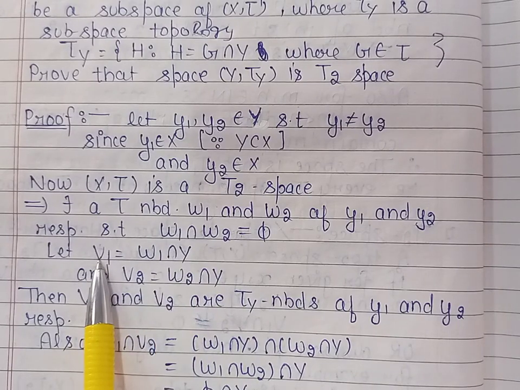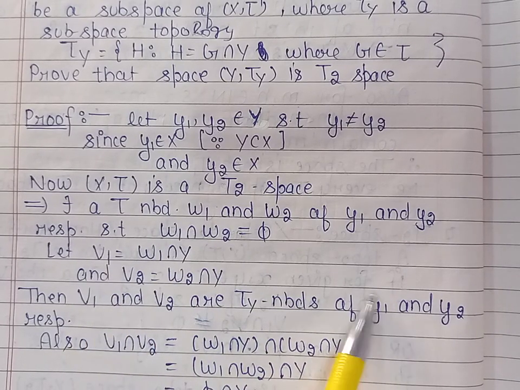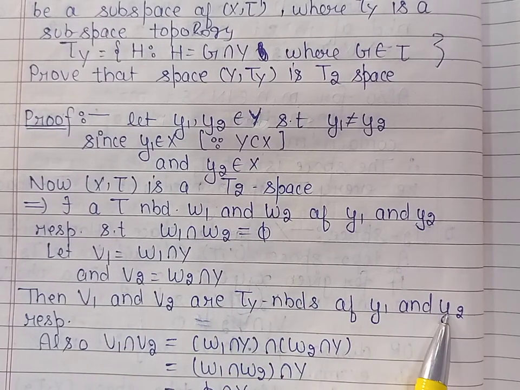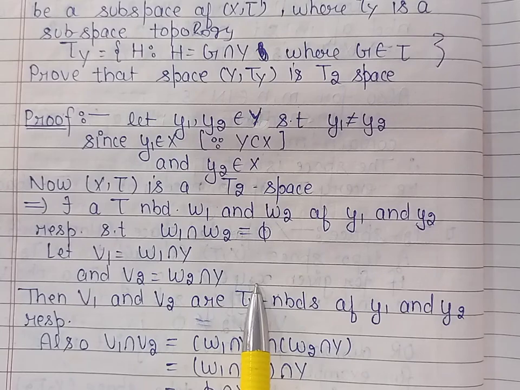So we can say that V1 is a neighborhood of y1 and V2 is a neighborhood of y2 in the τ_Y topology.